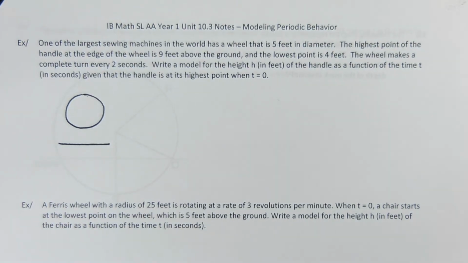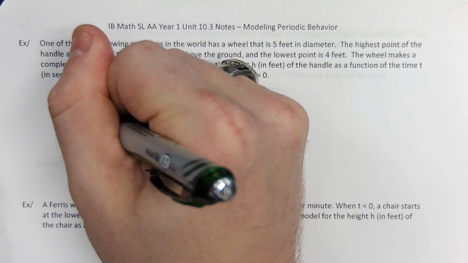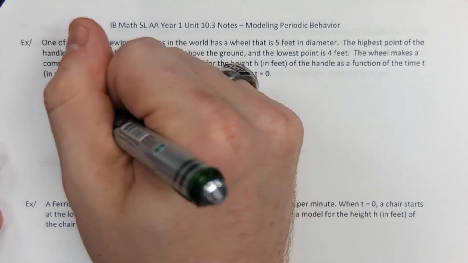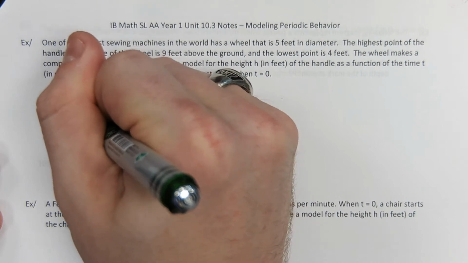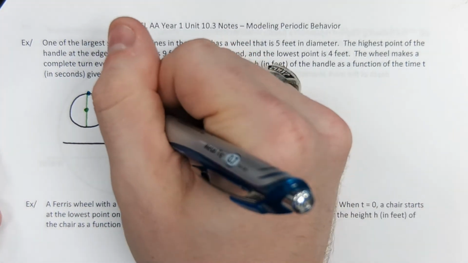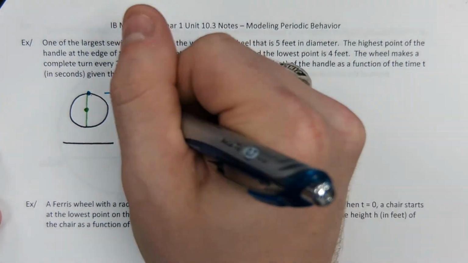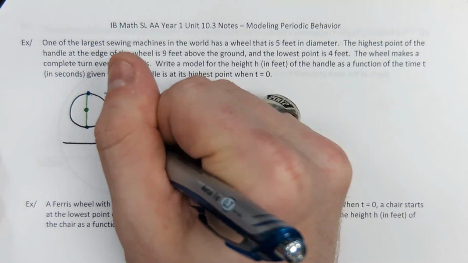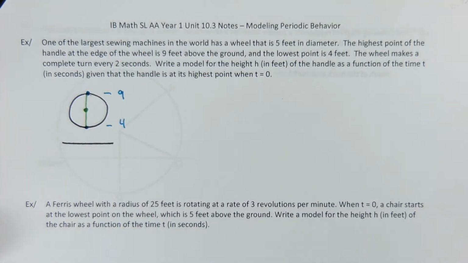We know that the diameter of the wheel is 5. The highest point on this wheel is at 9 feet, and since the diameter is 5, we know the lowest point is 4 feet above the ground.